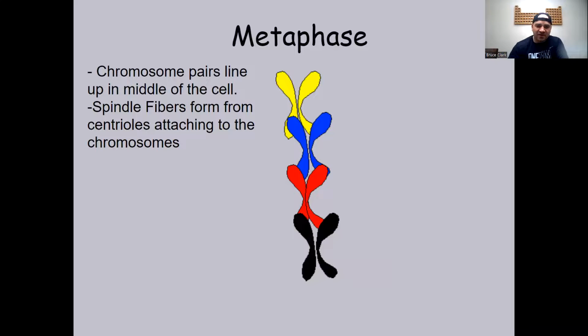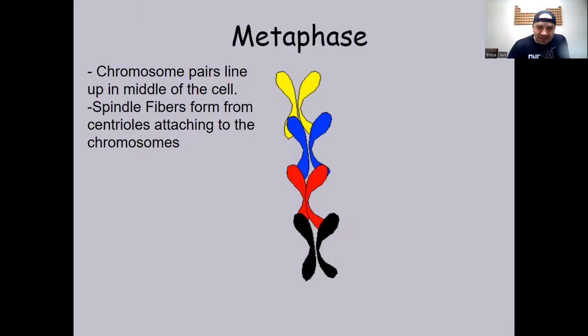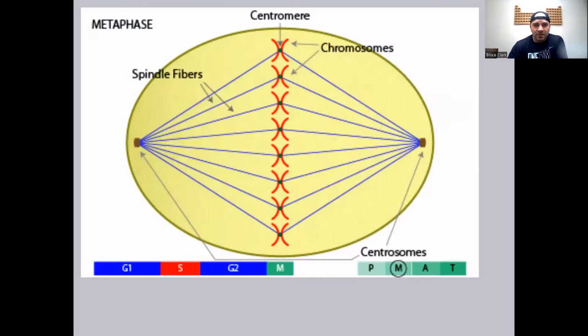And then the spindle fibers are forming and they're starting to attach to those chromosomes. If we look at a sketch of it here, they're lined up in the middle, and those spindle fibers are these blue things. They're not really that straight in real life, but they hook on to those chromosome pairs. So metaphase, things are lined up in the middle, two M's there for stage number three.